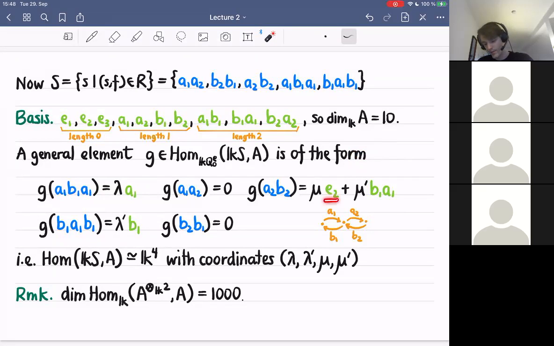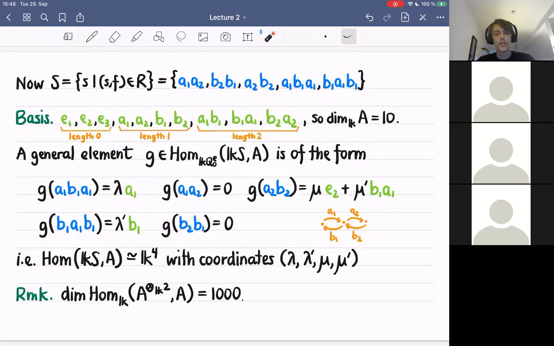So these are E2 and B1, A1. Right, and so we have four possible paths here. So we have four coefficients. And so as a k-vector space, this Hom from KS to A is four-dimensional with these coordinates.